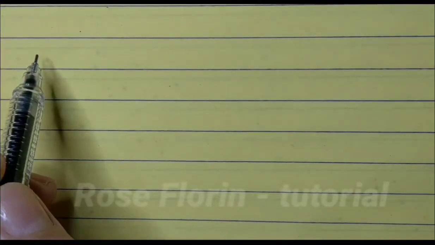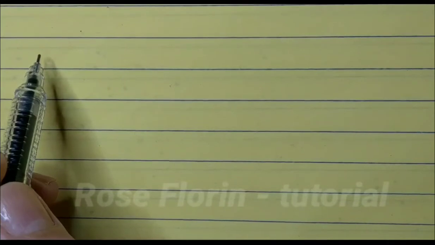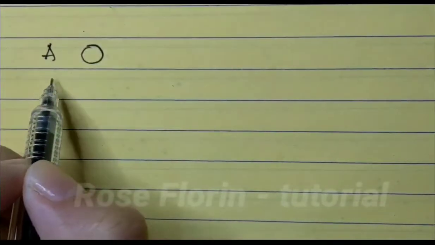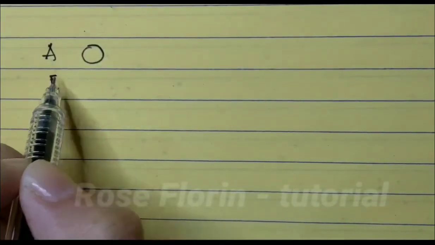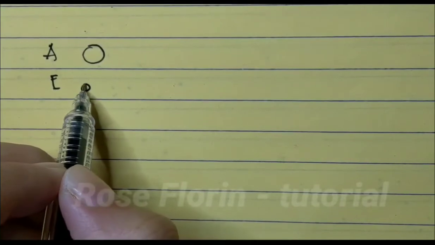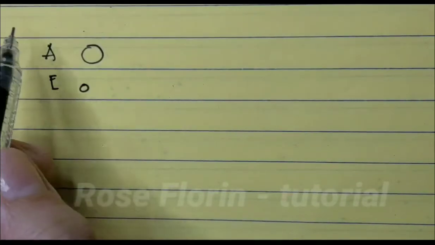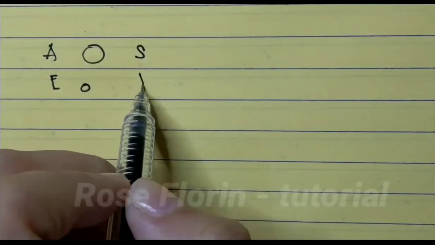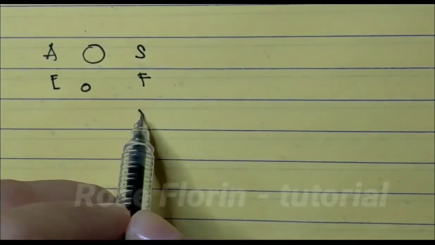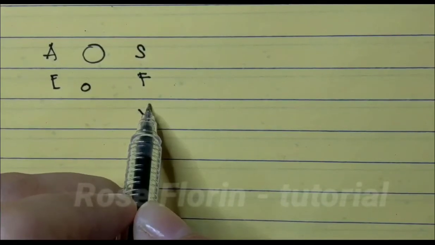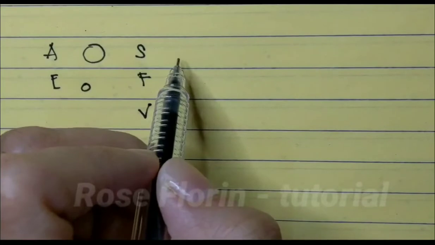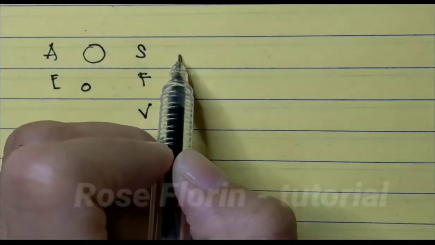Let us start from the alphabet of shorthand. Letter A, this is for letter A, and then this is for letter E. And then the letter S, the F, and then V. Remember that letter S is the same shape as a comma.